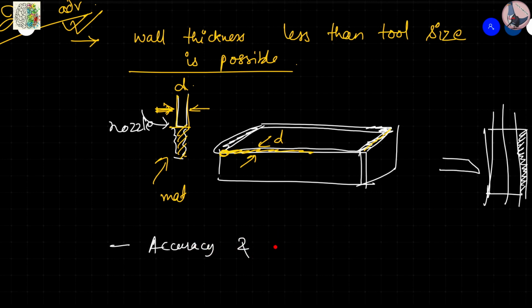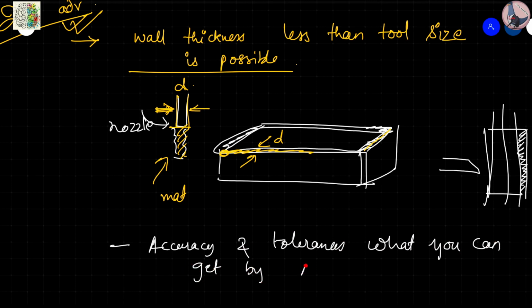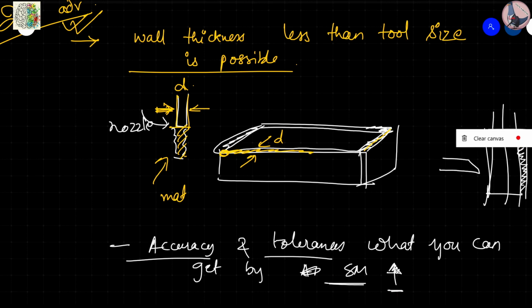Okay, and one very similar advantage is also there: accuracy and tolerance. The accuracy and tolerances you can get by subtractive manufacturing are very high, and I will make you some comparison between them.